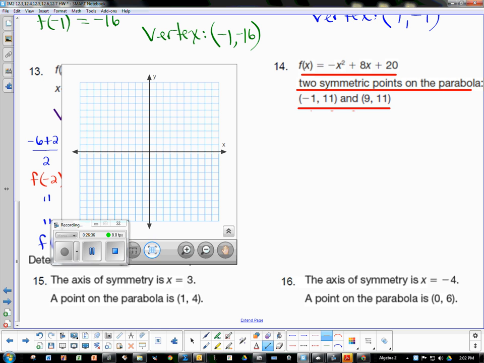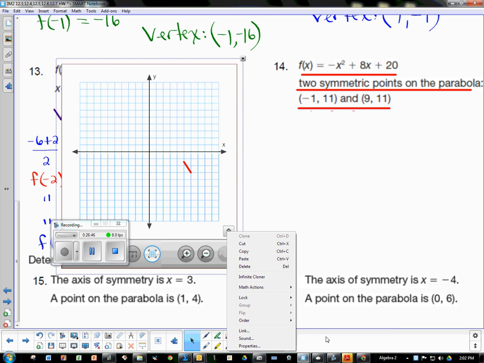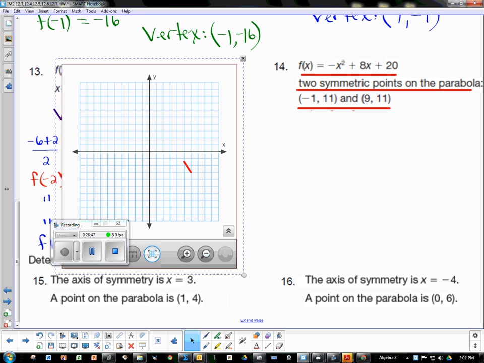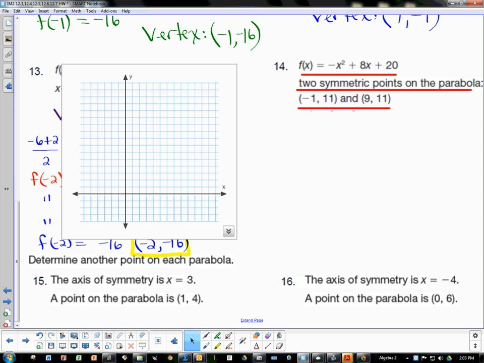We'll kind of move this a little bit, just a moment. All right, I had to adjust this graph slightly to accommodate these points. I have negative 1 comma 11, right here.